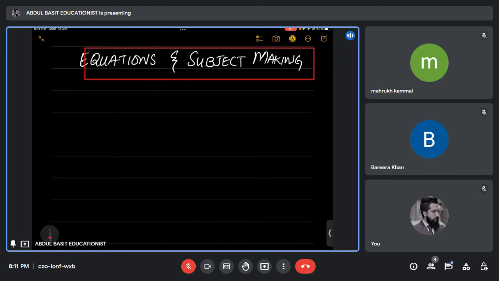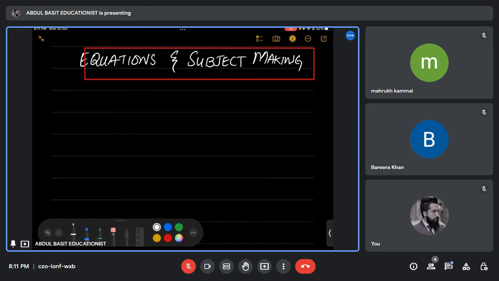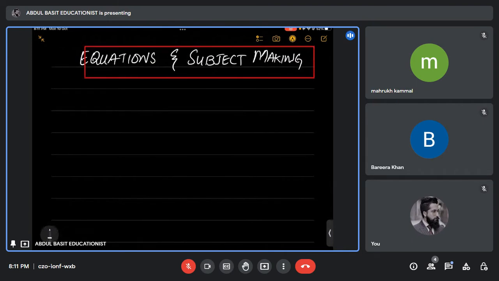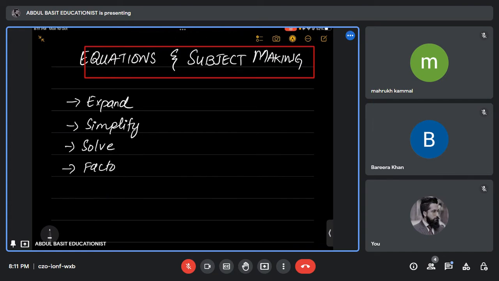So first of all, we need to know that in Cambridge we have a few words. They say expand, they say simplify, they say solve, they say factorize.